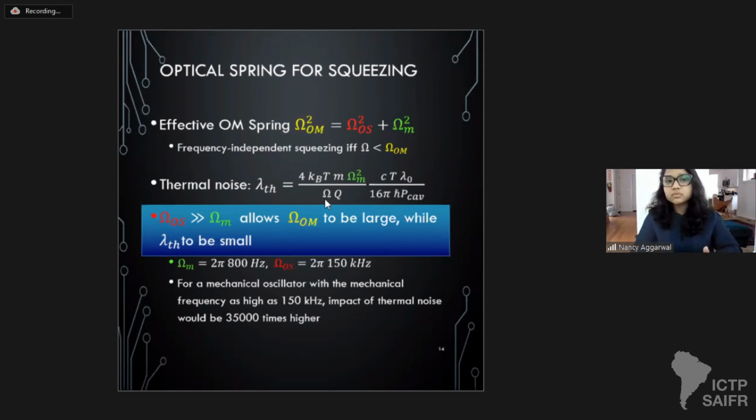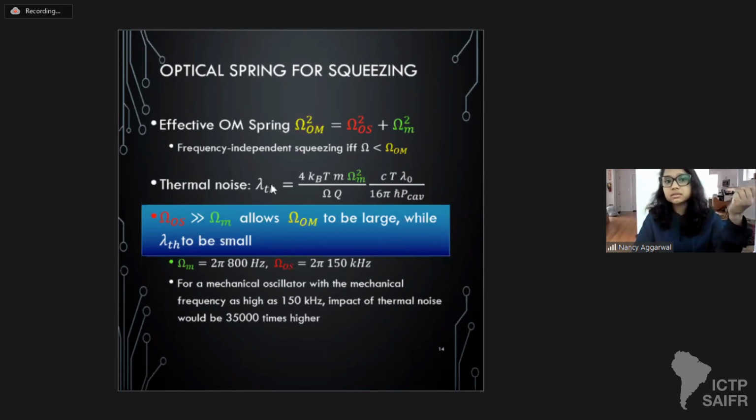This is one of the results of the optimization that I found: the squeezing in the system can be parameterized by a dimensionless parameter that I call lambda thermal. If lambda thermal is high, then your squeezing is bad. If your lambda thermal is small, then you get good squeezing. So in that optimization, I was able to have this one parameter that you can tune to reduce the role of thermal noise in your squeezing.